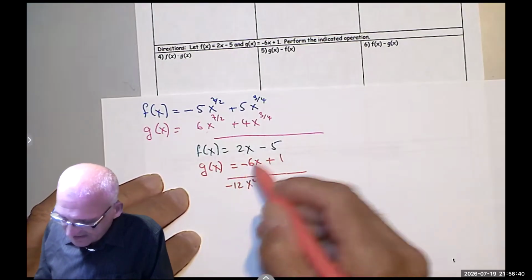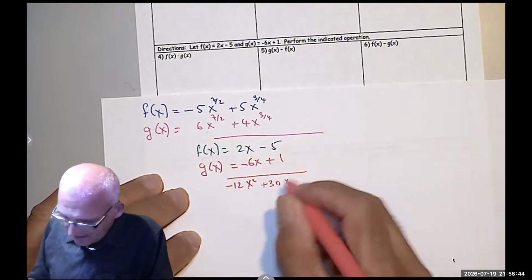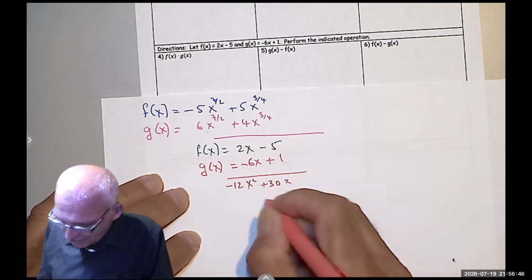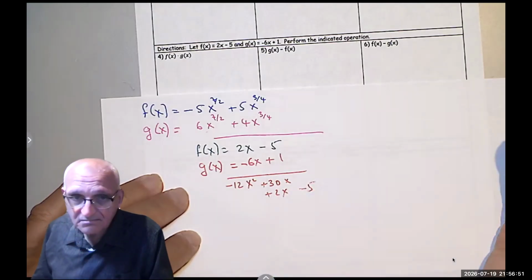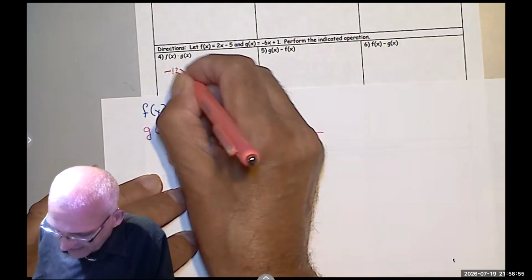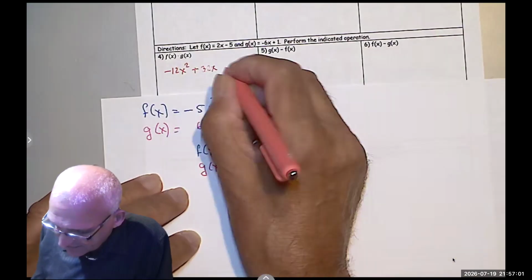Then negative 6 times negative 5 is positive 30x. Then you get plus 2x minus 5. So that's it. Negative 12x squared plus 32x minus 5.